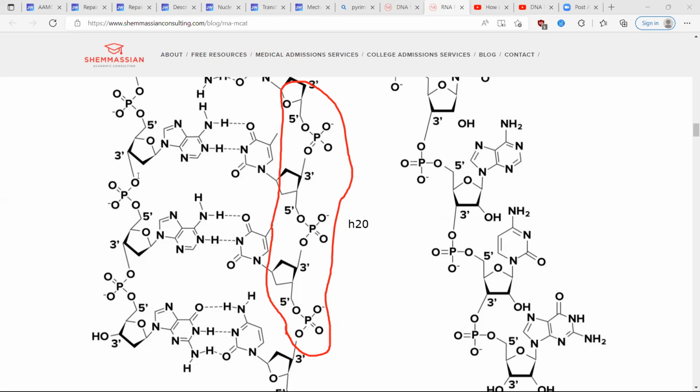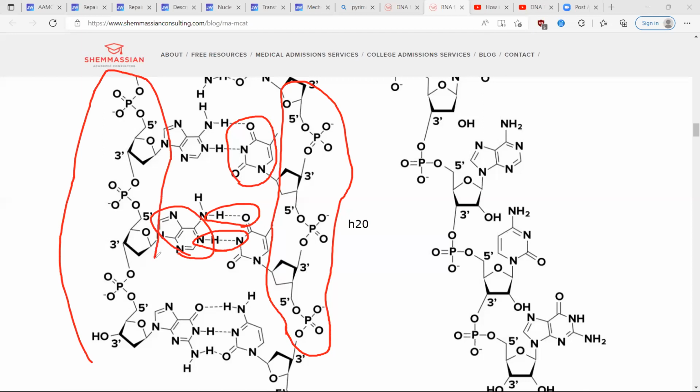DNA is set up in such a way that the negatives are exposed to the aqueous environment where it's the most stable. And the aromatic groups, the nonpolar groups, these big chunky carbon rings, are hidden away and stabilized to each other with their hydrogen bonds. These guys are interacting with all the water out here, and they're stabilized, whereas these groups are inside and they're stabilized.